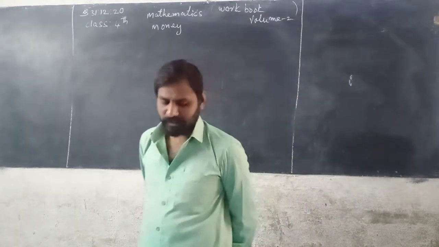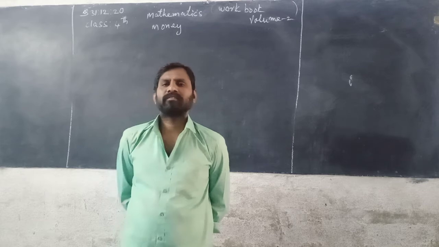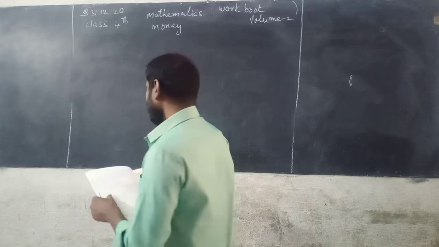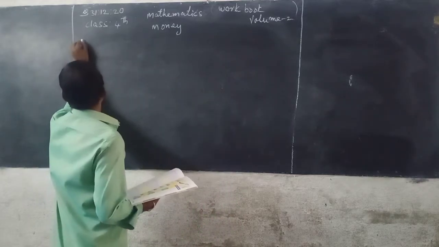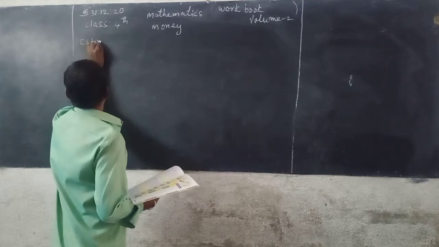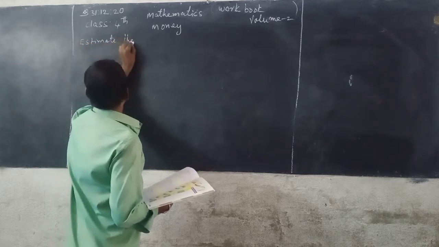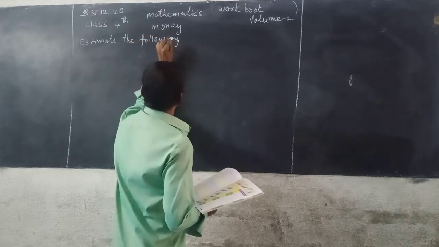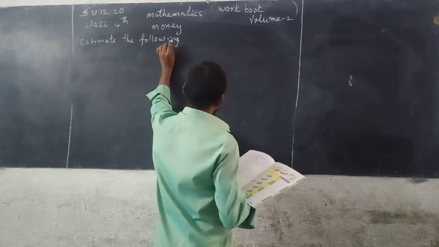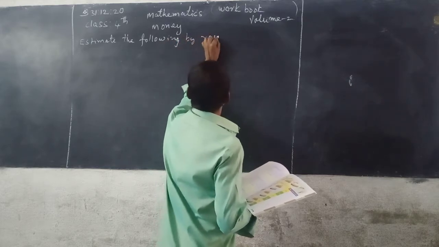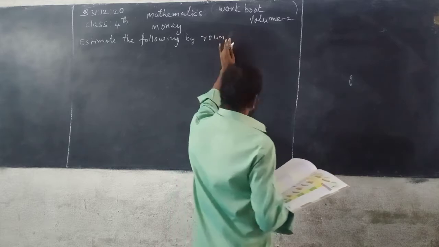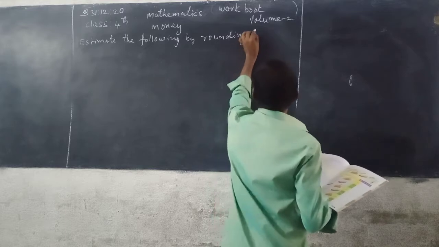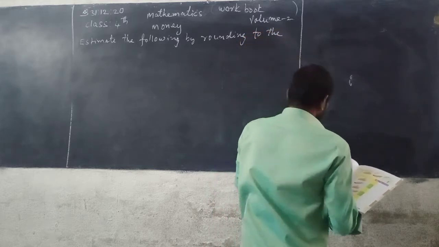My dear 4th class students, today we discuss money from your workbook volume 2, page number 6. See here, estimate the following by rounding to the nearest rupee.